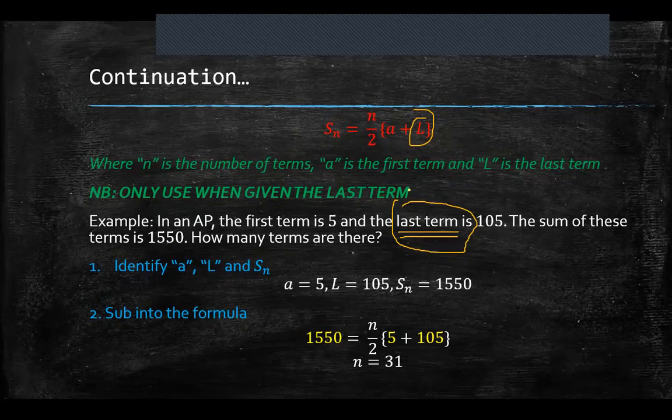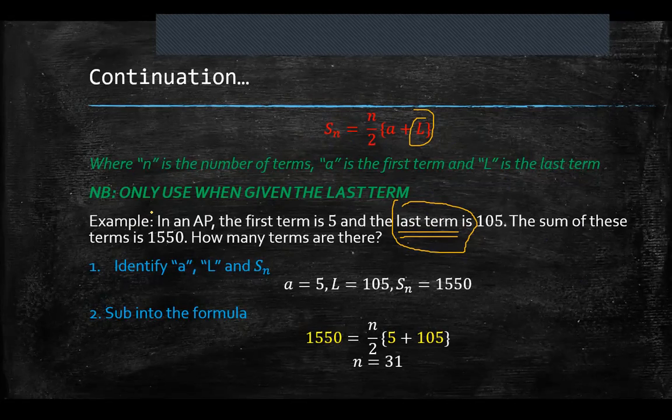If you don't see "last term is", don't use this formula, use the other one. But if they actually told you the last term is whatever number, then you go ahead and use this. That's the difference between this formula and the formula from before.